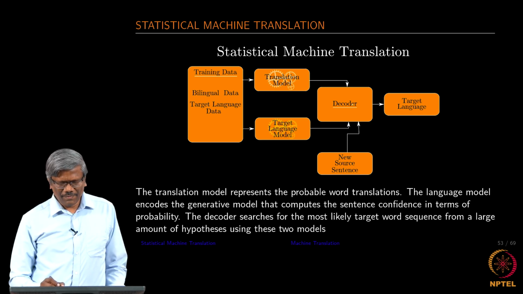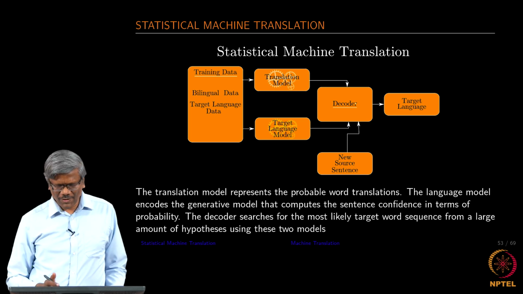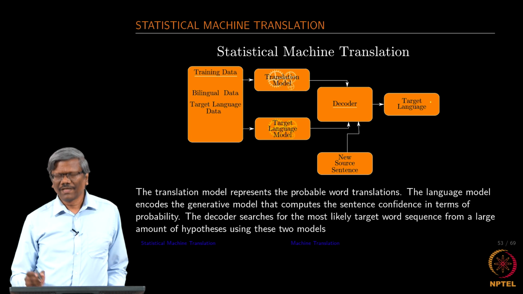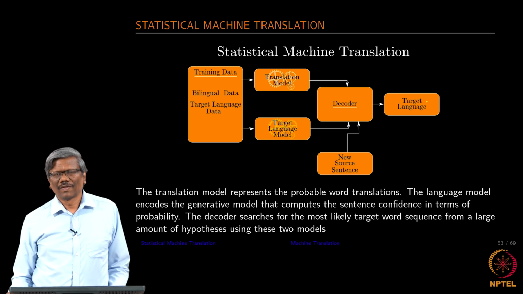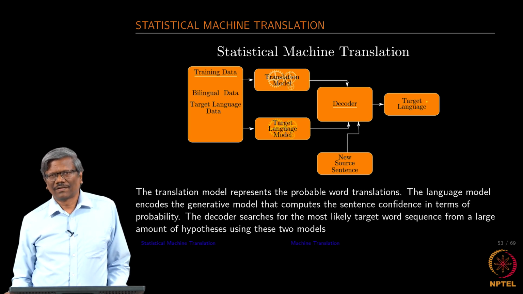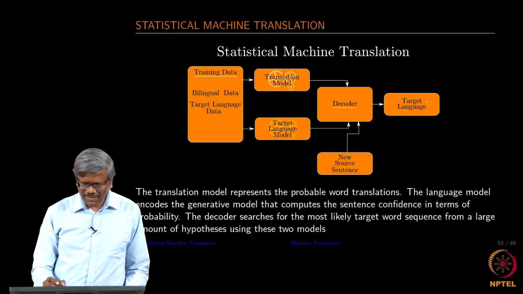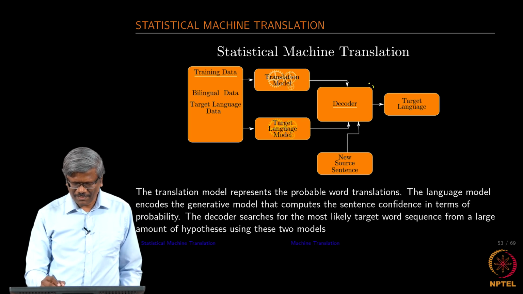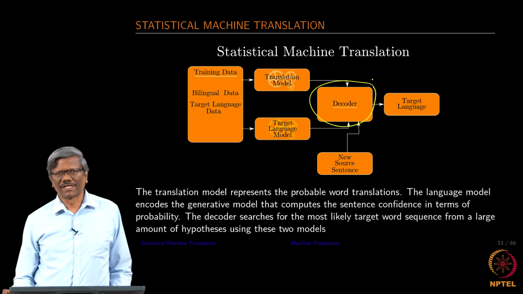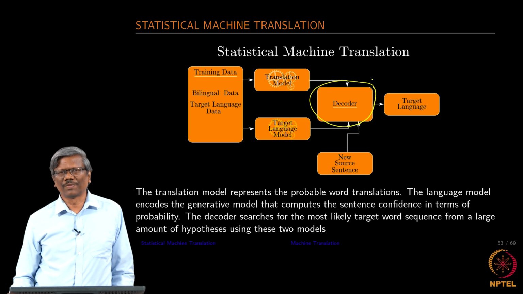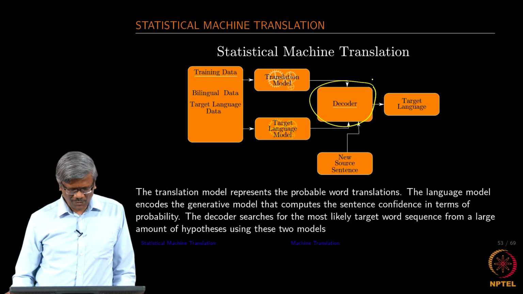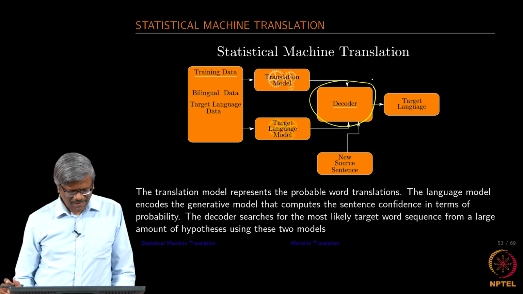And then once the models are developed, the decoder can take any new source sentence and provide a target language sentence. Okay. So, in this case again, as I mentioned, this does a huge search operation. We will see how that search can be optimized in future sessions.